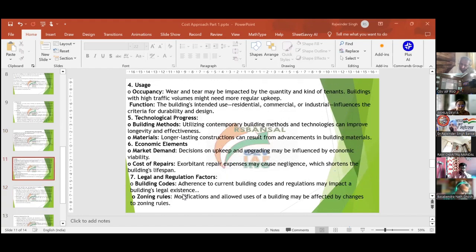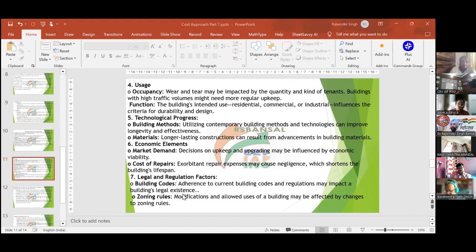And then how you use the building. Use also affects the life of the building because wear and tear will depend upon how you use it. It will depend upon the quantity and kind of tenants. Buildings with high traffic volumes will need more upkeep. For example, commercial buildings or industrial buildings require more upkeep, more maintenance.